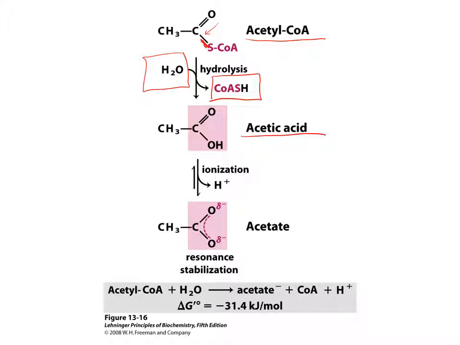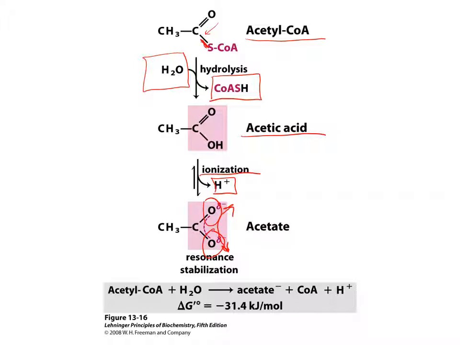Now, what is interesting in the aqueous solution is that this acetic acid can be ionized. Basically, this hydrogen ion can be released, and with that we generate this partial negative but diffused charge between these two oxygens.